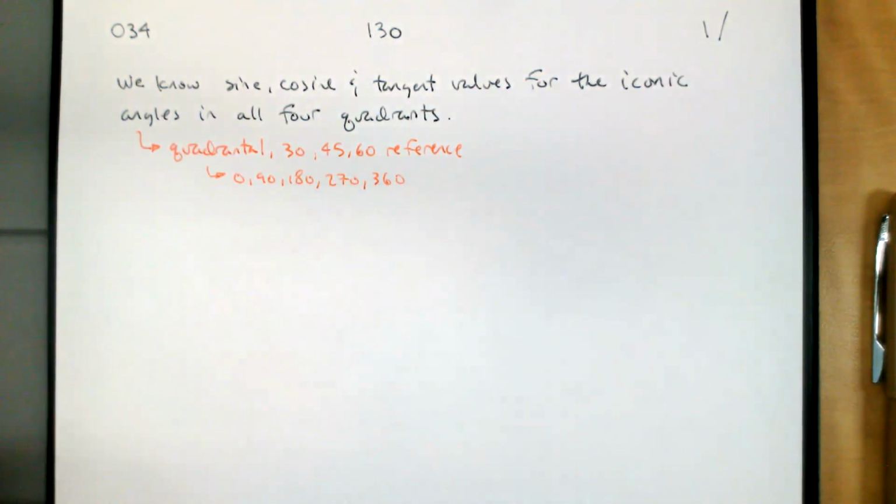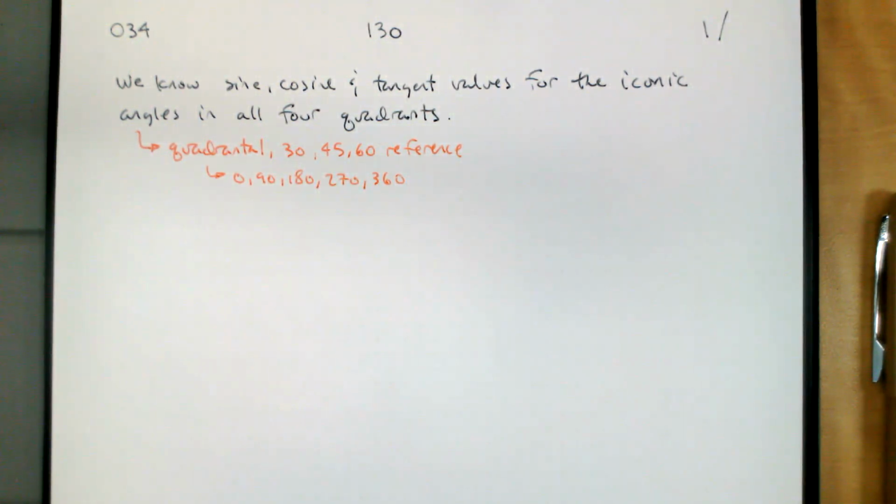So we've taken our unit circle and broken it up into our 4 quadrants. We learned about the sine, cosine, and tangent of our quadrantal angles going all the way around, and our 30, 45, and 60-degree reference angles going all the way around. So starting off at 0, we got 0, 30, 45, 60, 90. In quadrant 2, 120, 135, 150, 180.